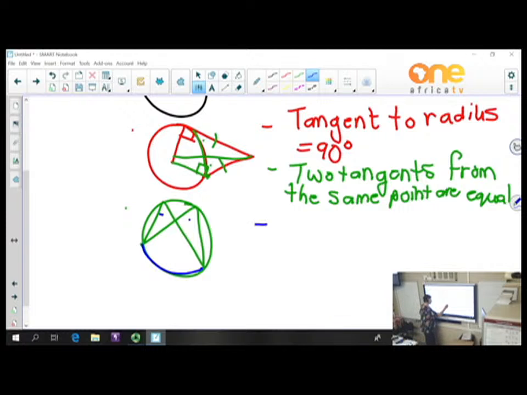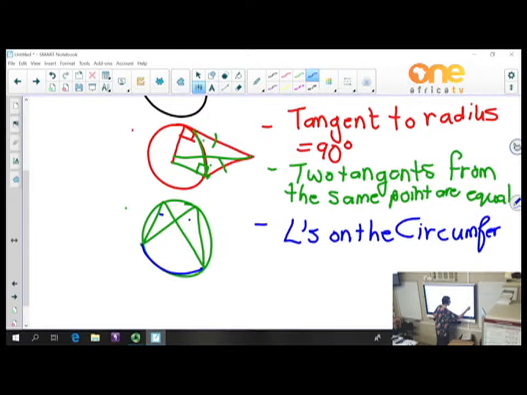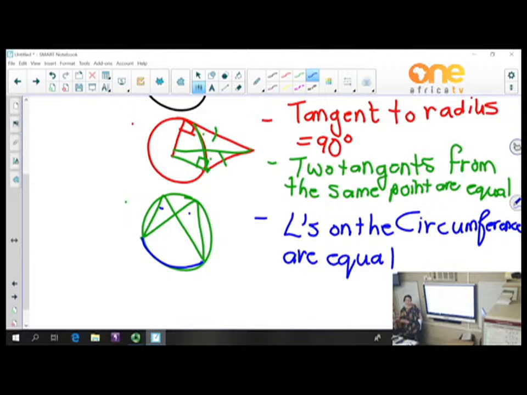Angles on the circumference subtended by the same arc are equal. But we're just going to say angles on the circumference are equal. This is what the subtended means, and this is what you must be able to see eventually to find those angles.